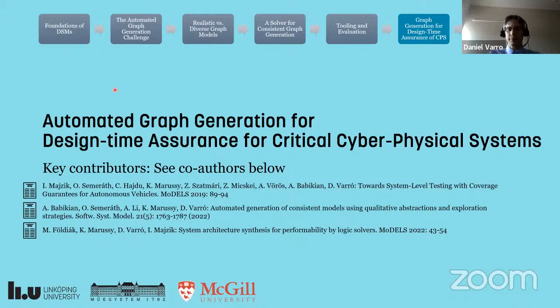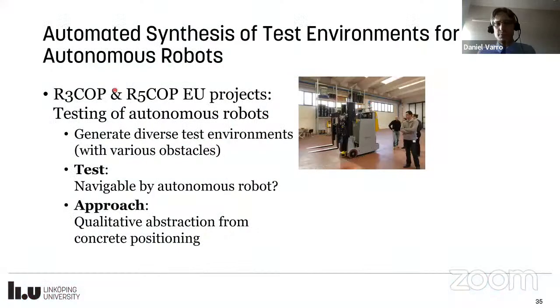Let me give you one example of how this graph solver has been used in the context of design time assurance and system level test generation for critical cyber physical systems, which has been a challenge for a while.